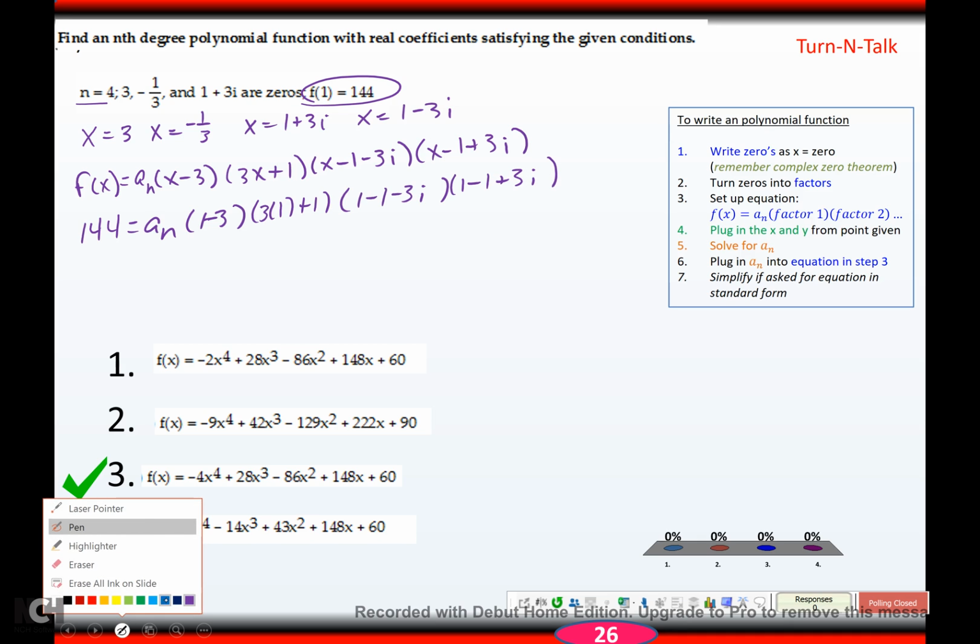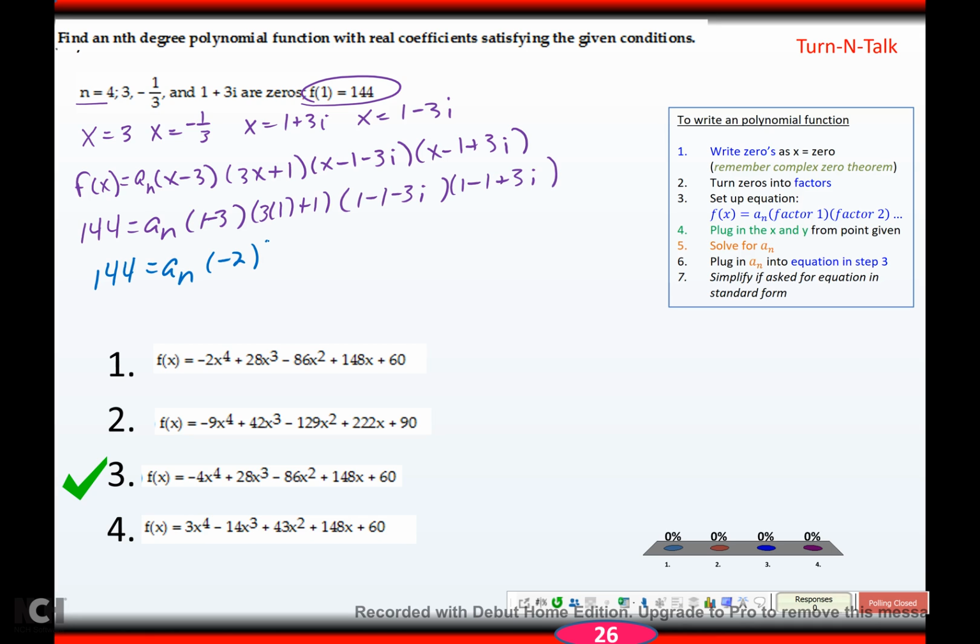If I simplify this and clean it up a little bit, I got 144 equals a sub n times negative 2 times 4, those cancel, times negative 3i, those cancel, times positive 3i, which makes 144 equals a sub n times negative 8 times negative 9i squared.